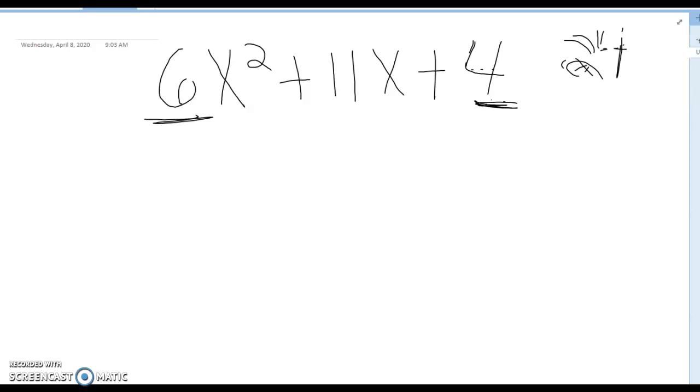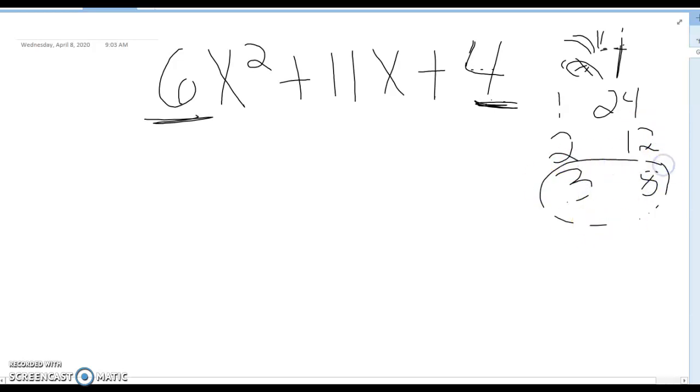When I start to list them, I would say 1 and 24, which we can see is not it. 2 and 12, 3 and 8. And I can stop right now because look, it's 3 and 8. 3 times 8 equals 24, and 3 plus 8 equals 11.